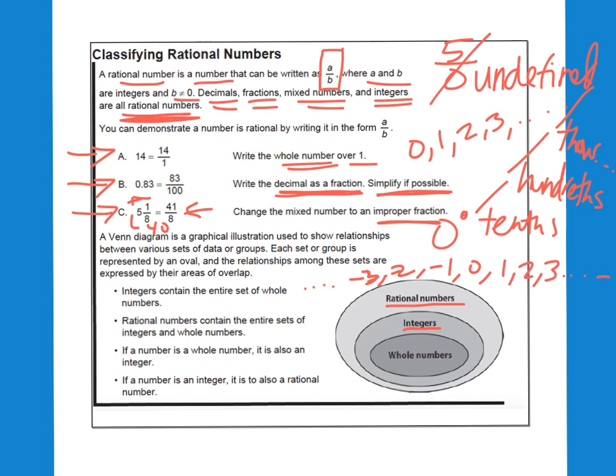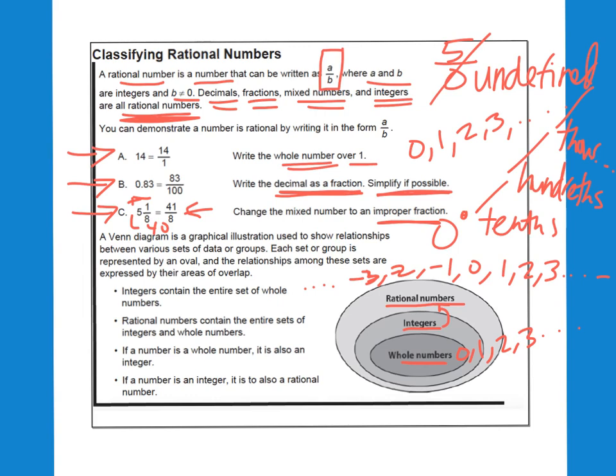Then inside there, we have our whole numbers. That makes sense because whole numbers are 0, 1, 2, 3, and so on and so forth. So whole numbers are considered integers, and they're also considered rational numbers. Integers are not whole, but they are rational. So when we're classifying rational numbers, we need to think about, is it a whole number?